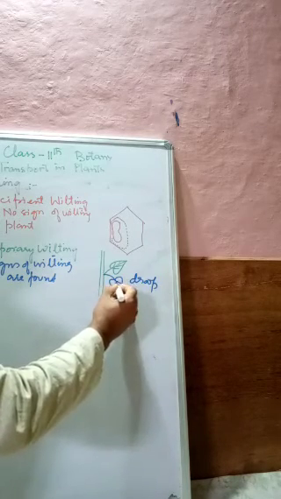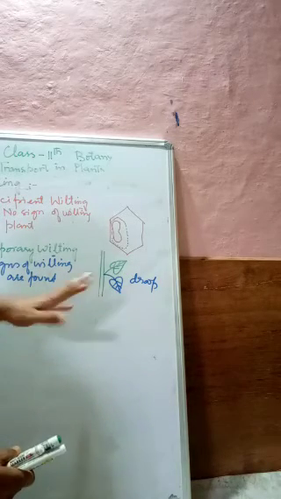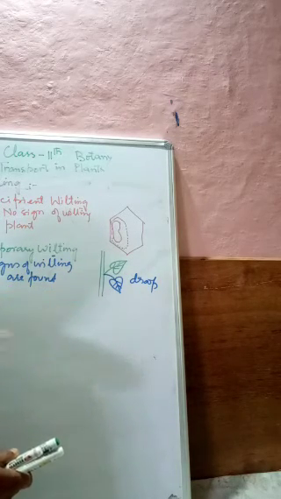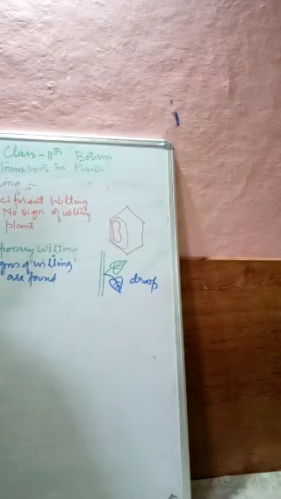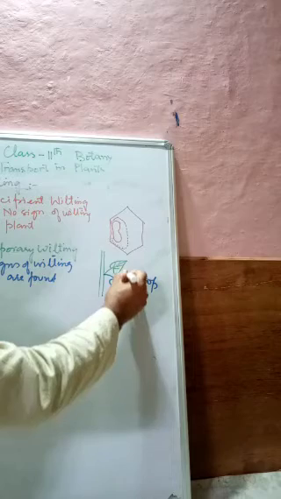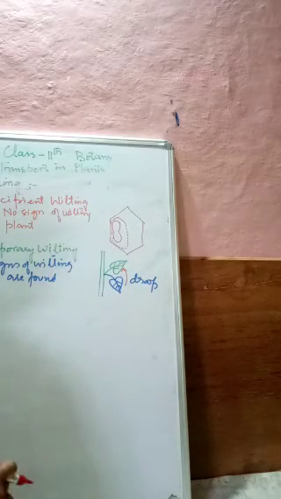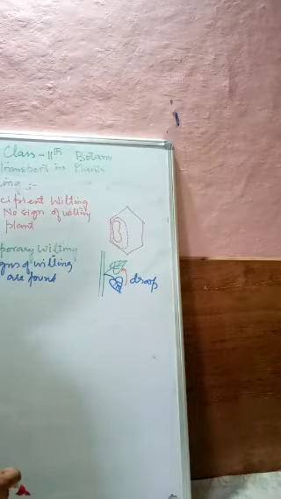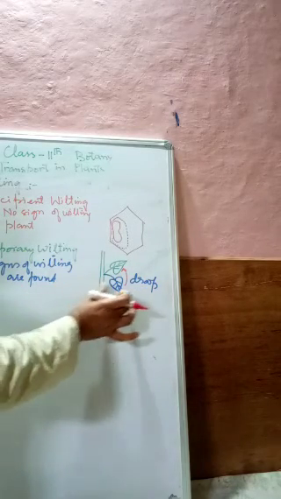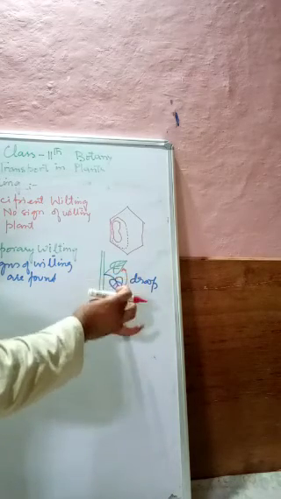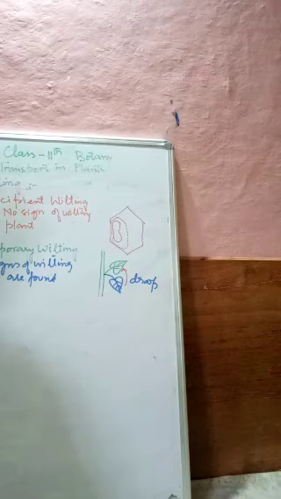When we supply water to this plant, we will see this leaf regain its normal size and shape. So this is called temporary wilting. If water is applied to this plant, this drooped leaf will regain its normal place.